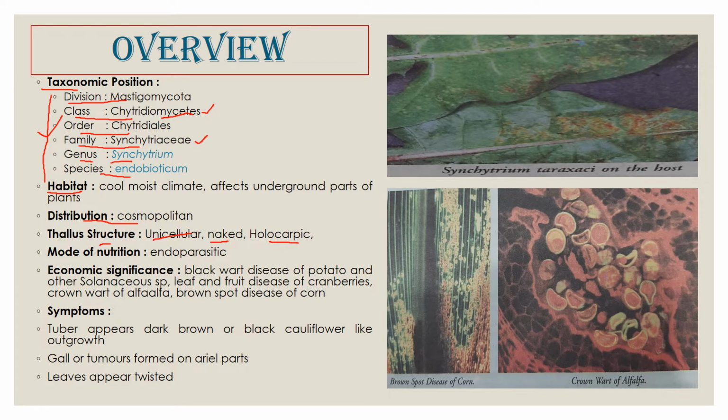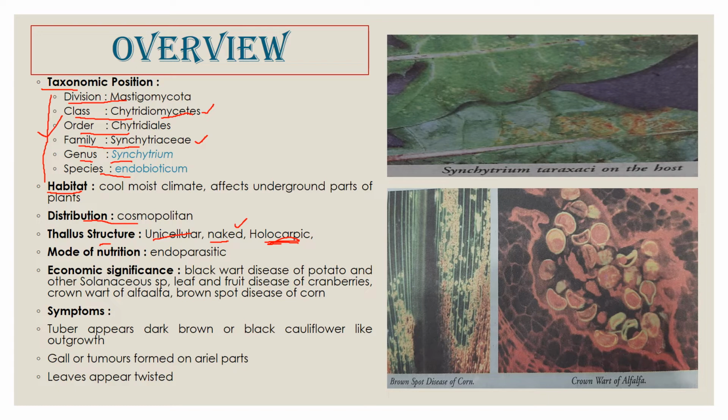Such type of fungi is called holocarpic. So the thallus is unicellular, naked, which means that there is no cell wall, and it is holocarpic, which means that they have a separate somatic phase as well as a reproductive phase.